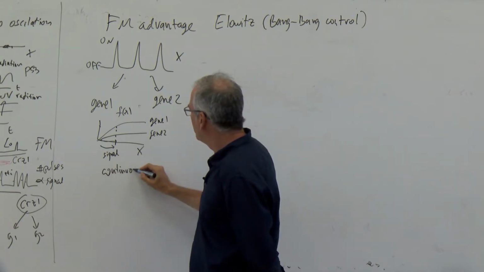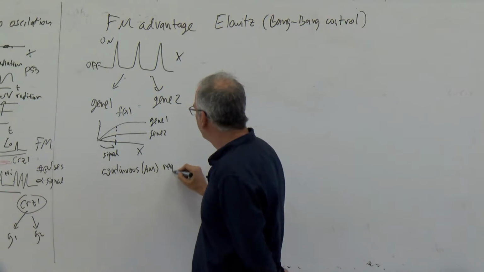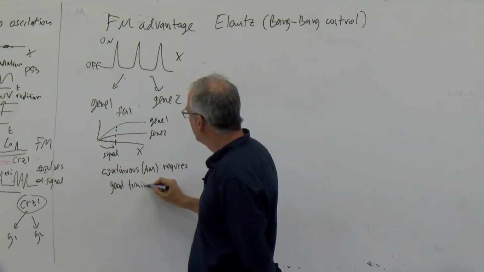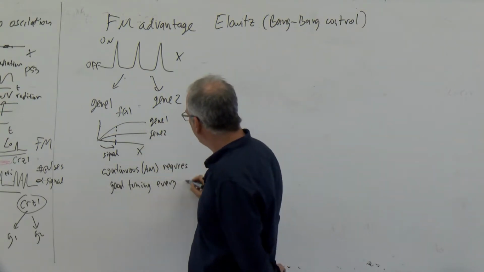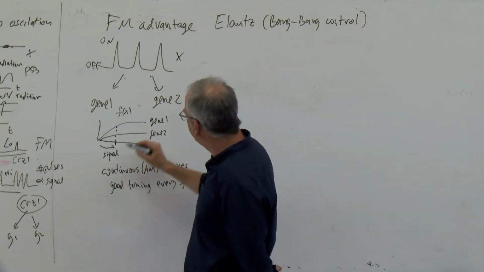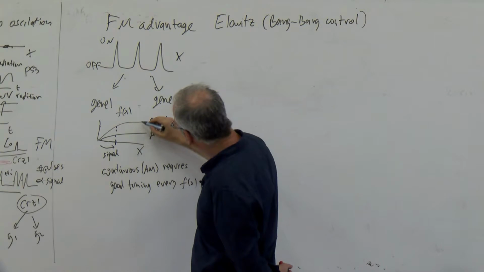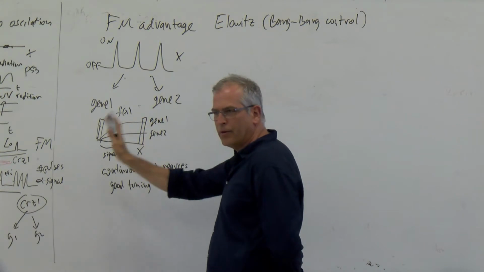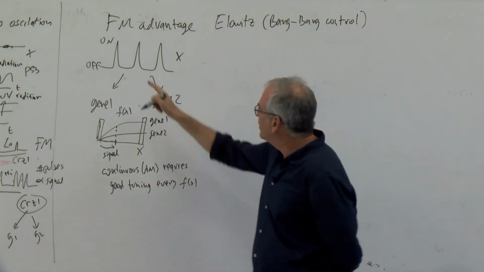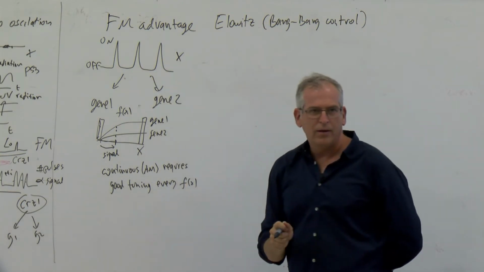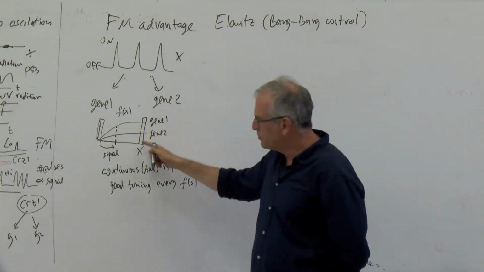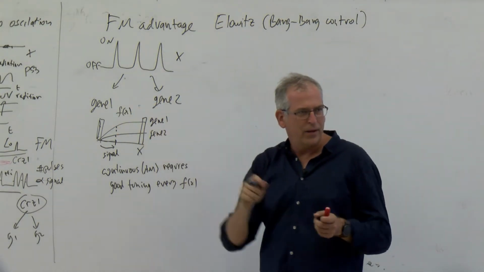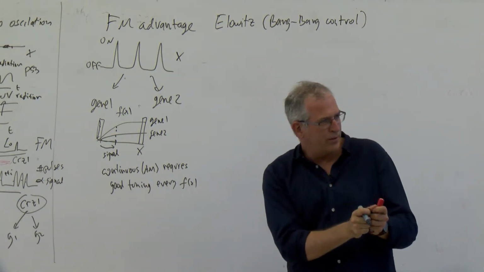Continuous, okay, AM requires good tuning of every f of x for every gene. But bang-bang, this pulse situation, means that you're either here or here. So all the genes are either turned on or off. And now by just setting the number of pulses like that, you can set the ratios between these genes very precisely. All you need to care about is their production at maximum signal, times the fraction of time the pulse is there.